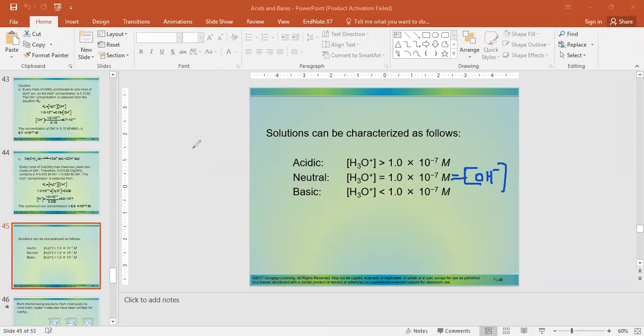So if that is true, then what you increase beyond this concentration will determine whether that solution is going to be acidic or basic.